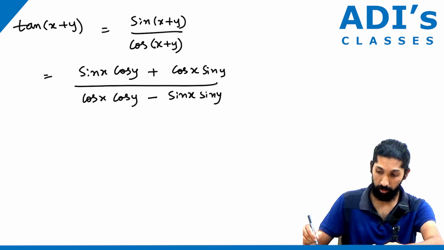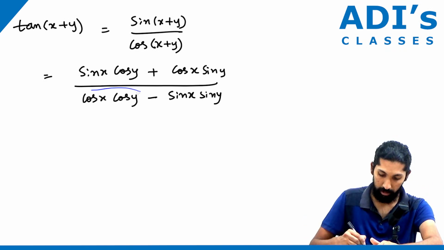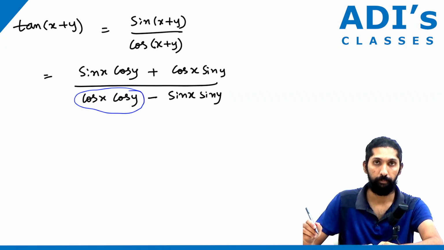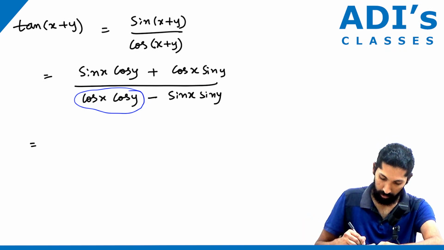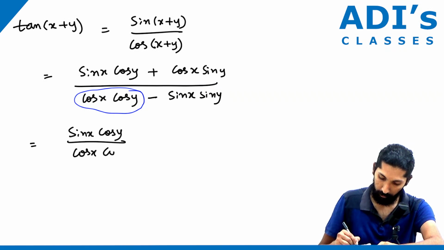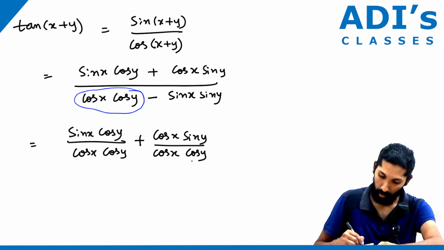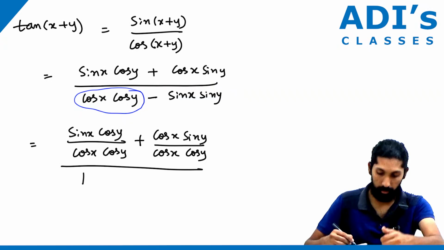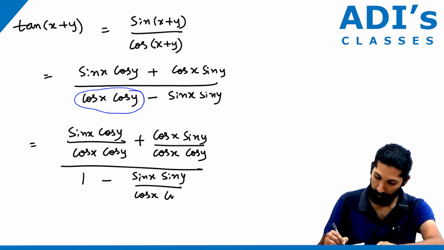Once we do that, you are going to get sin x cos y divided by cos x cos y plus cos x sin y by cos x cos y, whole over 1 minus sin x sin y divided by cos x cos y.